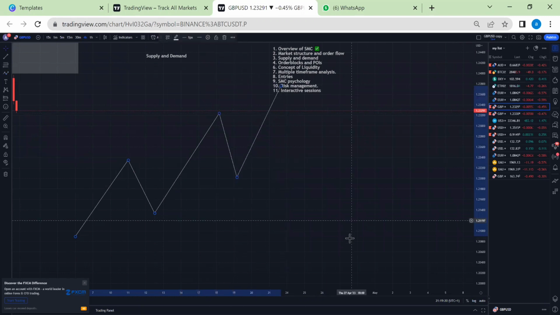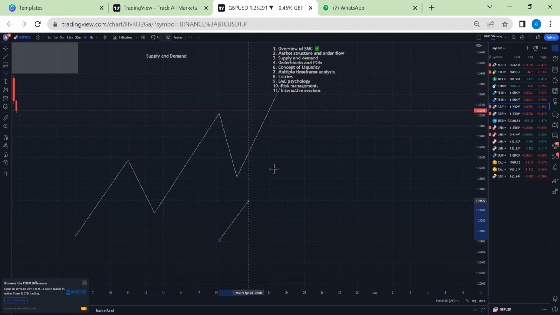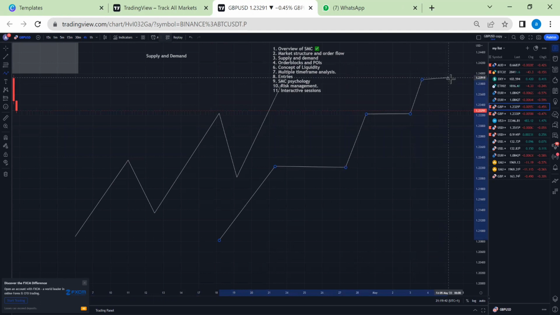So prices of anything, cryptocurrency, commodities, securities, anything you are trading, always move in a zigzag manner. So either it's going this way or it's going this way. It can decide to change from going up and start going down like that.